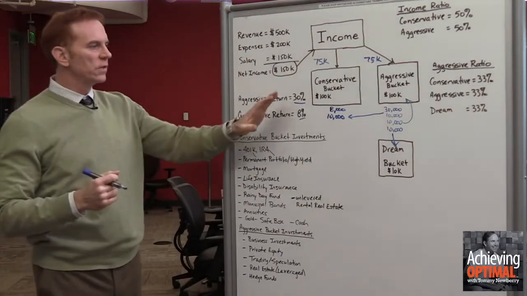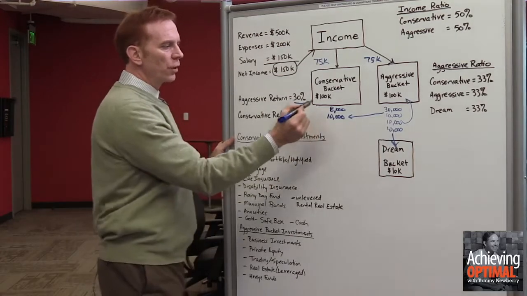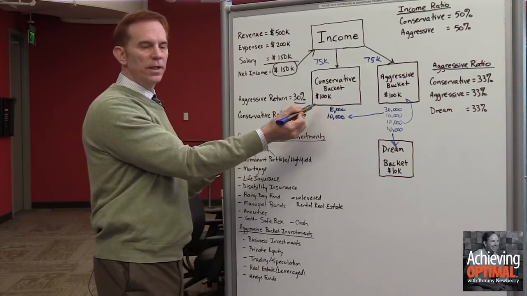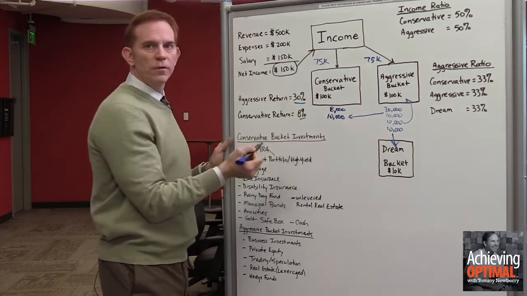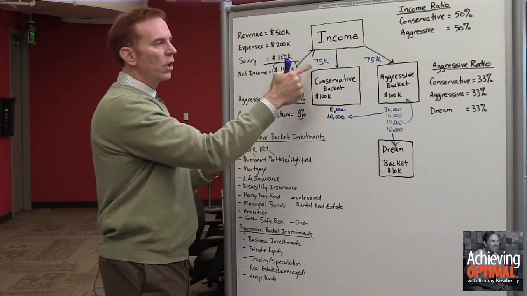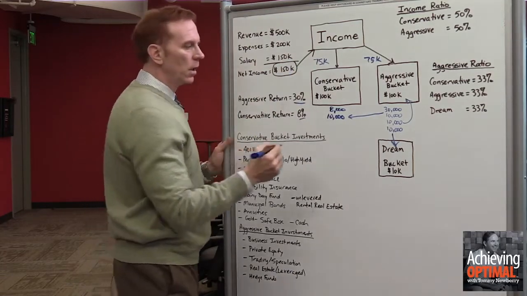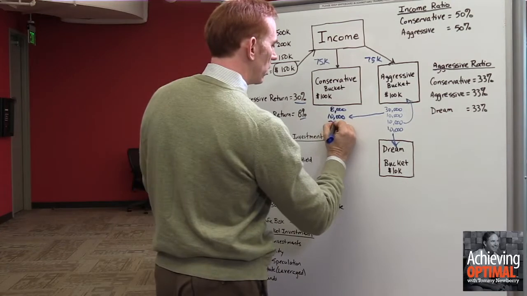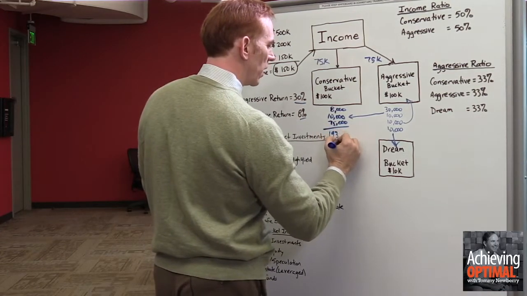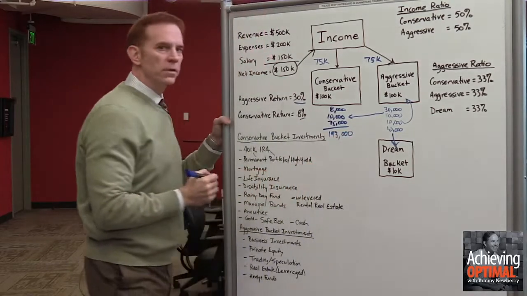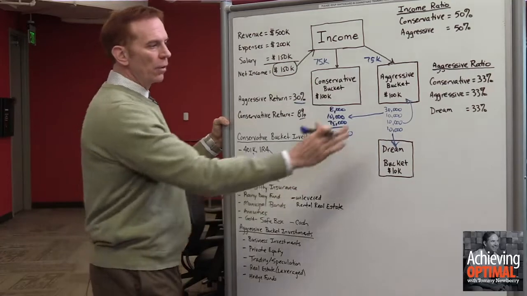Now, let's just see, at the end of the year, where do we stand? Our conservative bucket, we had $100,000 to begin the year. We picked up $8,000 in return and $10,000 allocation from the aggressive bucket, plus we contributed $75,000 to it. So at the end of the year, our conservative bucket now has $193,000 in it. Now we go to our aggressive bucket.